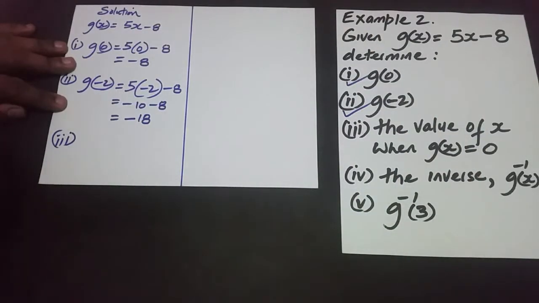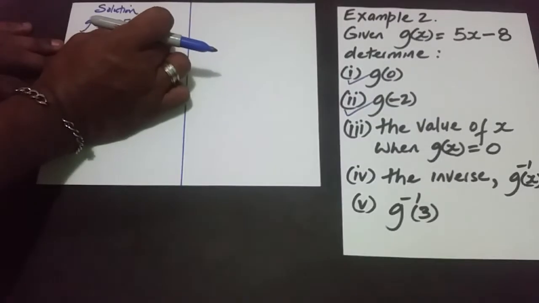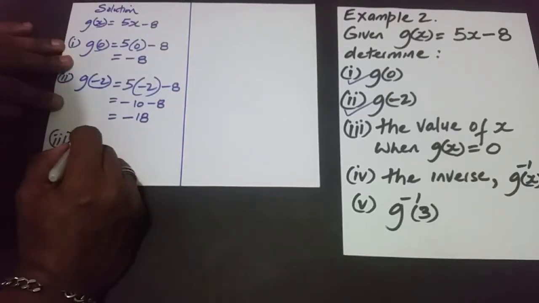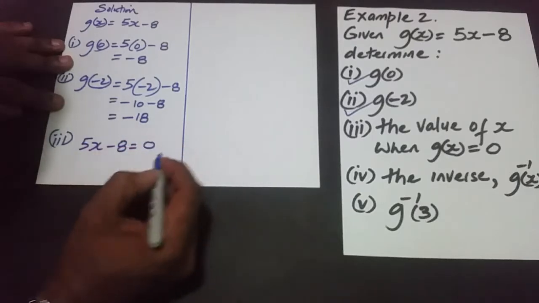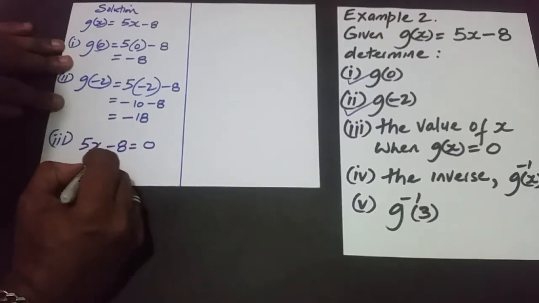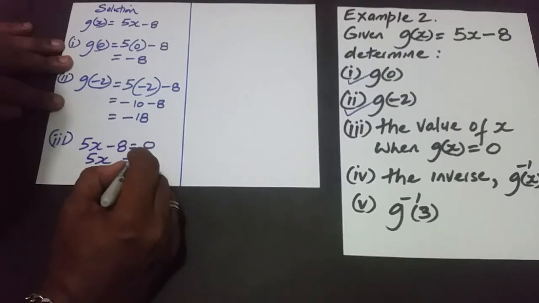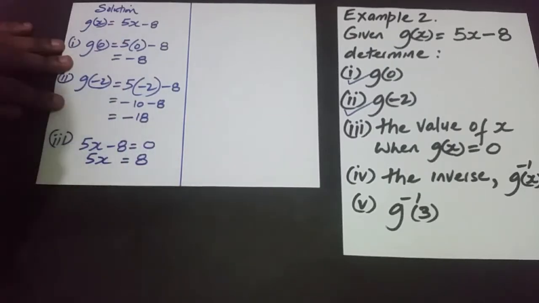It says, for part 3, determine the value of x when g of x is equal to 0. Now in order to do that, we have to allow this to be equal to 0. So 5x minus 8 is going to be equal to 0. And then of course 5x is equal to, you carry over the negative 8, it becomes positive 8.